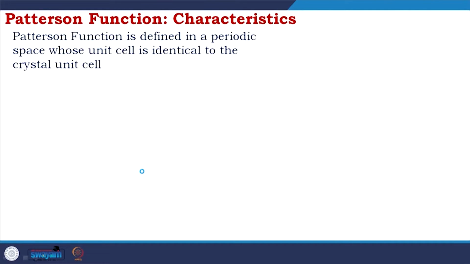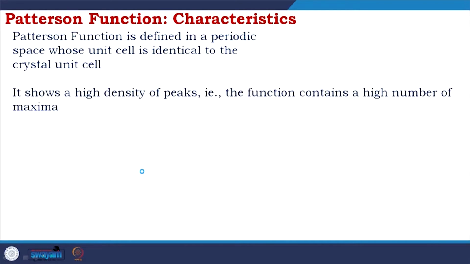Let us discuss some. So, we now understand mathematically how the UVW change of this equation puts a lot of importance on the diffraction amplitude, neglecting the phase. The Patterson function is defined in a periodic space whose unit cell is identical to the crystal unit cell.